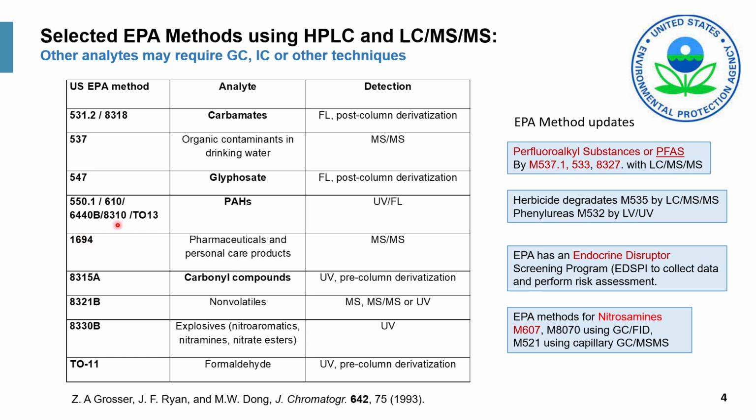For wastewater, it's the 600 numbers. So there is always a numbering scheme which reflects the sample types. Pharmaceutical, carbonyl compounds, explosive, formaldehyde, which are in the toxic organic categories. So those are the tables.